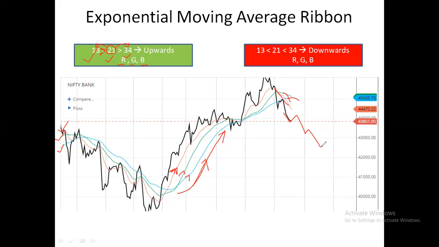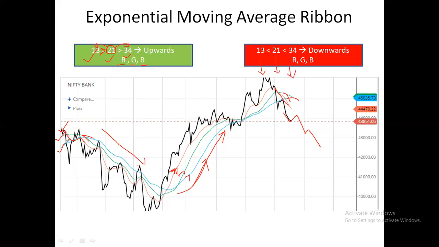As of today, we are seeing the market is in a down situation. Look at this. See, red was on top, with green and blue below. What exactly happened? Red started coming below, and green followed, and blue followed. So look at this: the market started taking a downtrend. Use this scenario: red comes below, 21 stays in the middle anyway, and 34 comes on top.